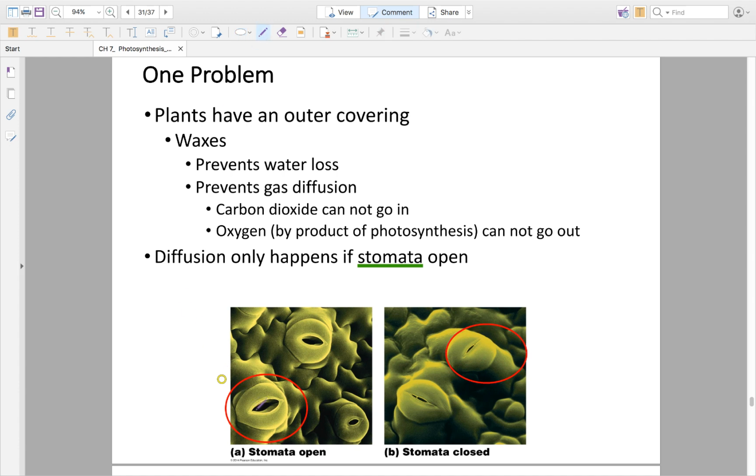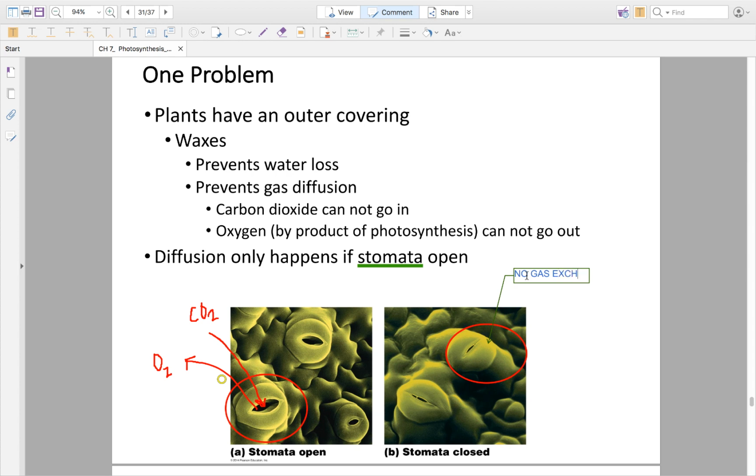So what comes out? Oxygen, of course. And what goes in? CO2. This is called gas exchange because oxygen and CO2 swap. They exchange places. So if the stomata is closed, no gas exchange can occur, which means that oxygen can't leave and CO2 can't come in.